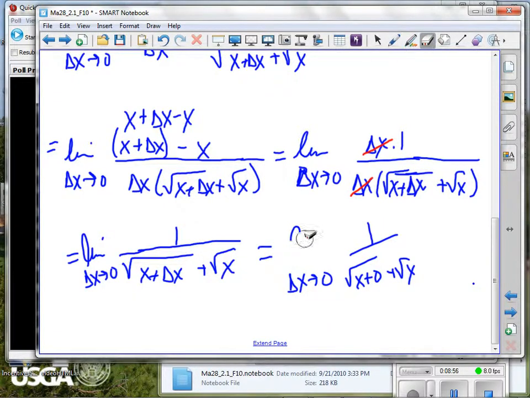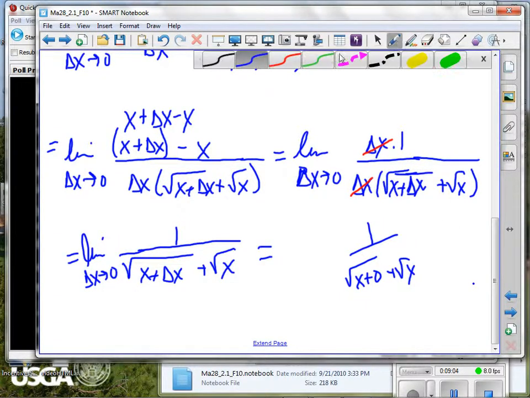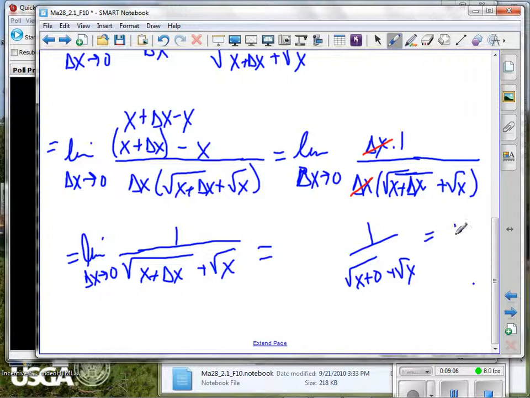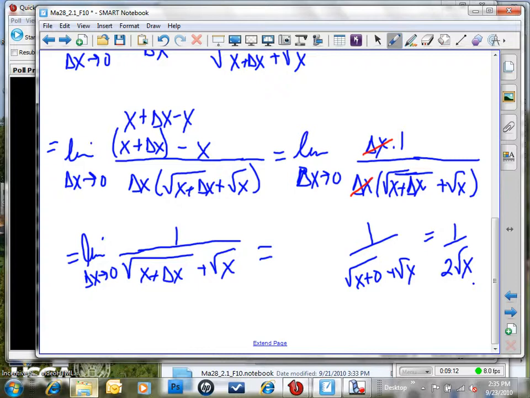No, I knew I couldn't fool you guys, so I didn't make it in one of those questions. Okay, absolutely not. You cannot write that again because you're doing direct substitution, and our answer is 1 divided by 2 square root of x. Correct? Yes. Okay.